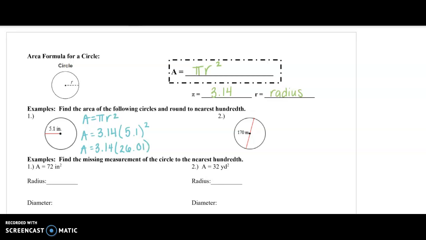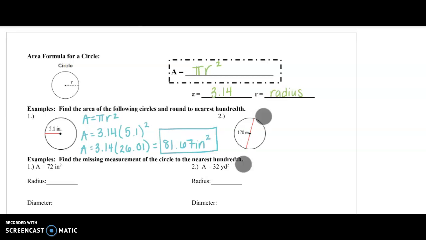Then you'll take that number and multiply it by 3.14. You would get, with rounding, 81.67 inches squared, because now we're talking about area, so area is always squared. And the reason I said you don't have to round up here is because it would be 0.671, which wouldn't round the 7 up.